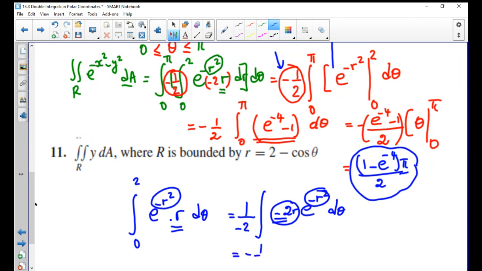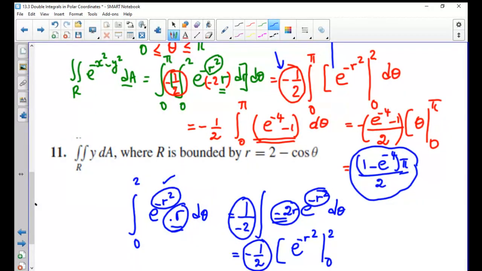So it's going to give us minus half, this number, and then this integral is e to the minus r squared from 0 to 2, which is what I wrote. So that's where the minus half comes from. It's just to make this r the derivative of minus r squared.